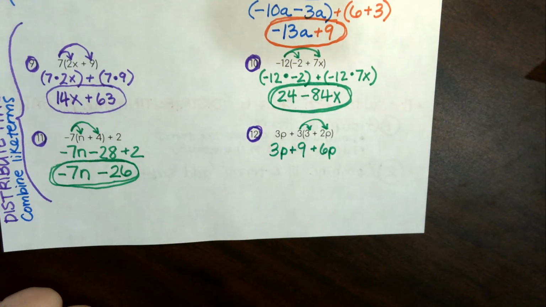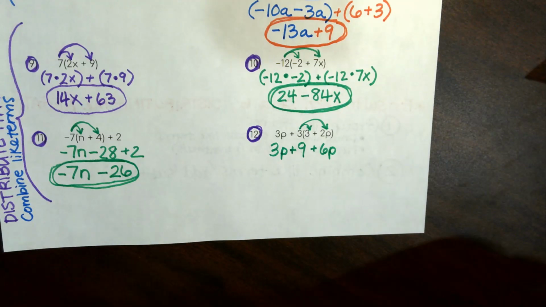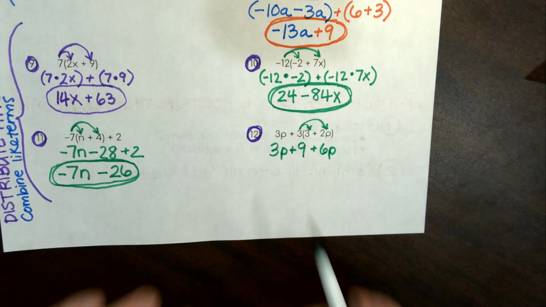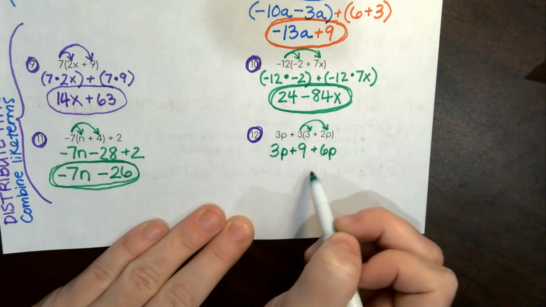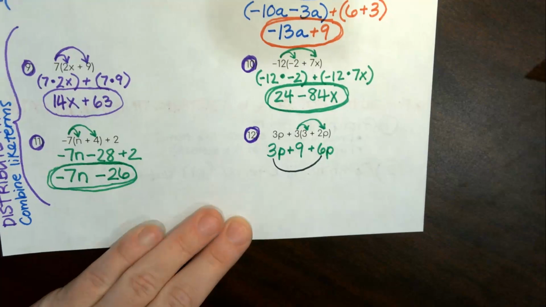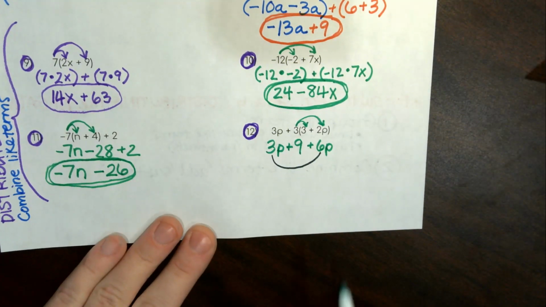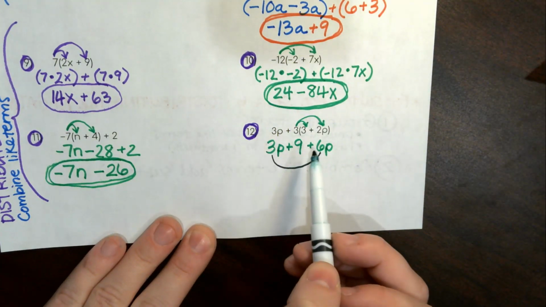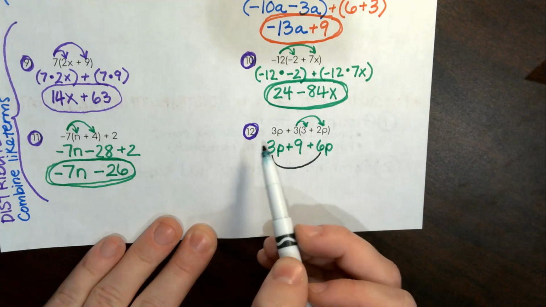And what should we do from here? Yeah, we need to combine our like terms. So I'm just going to use another color to show that. I've got a 3p and I've got a 6p. What am I going to do to combine these? I'm just going to add them together. I've got a plus right next to my 6p, and then 3p is positive.